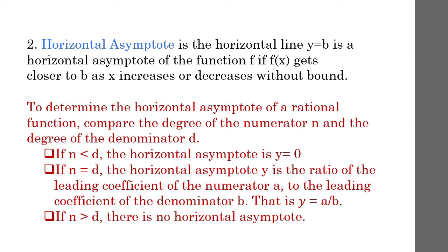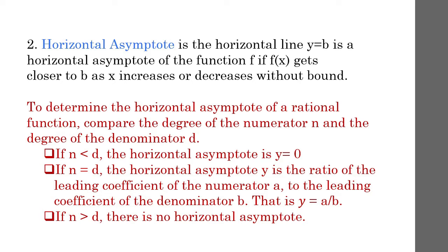To determine the horizontal asymptote of a rational function, compare the degree of the numerator n and the degree of the denominator d. If the degree of the numerator n is less than the degree of the denominator d, the horizontal asymptote is y equals 0.